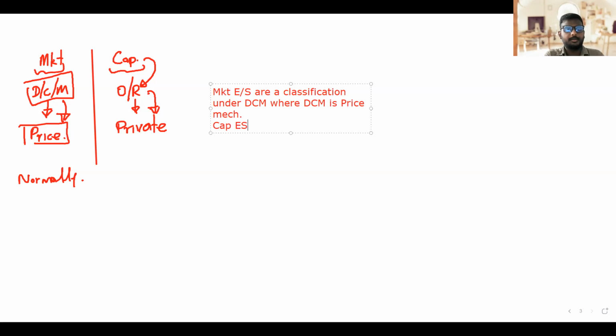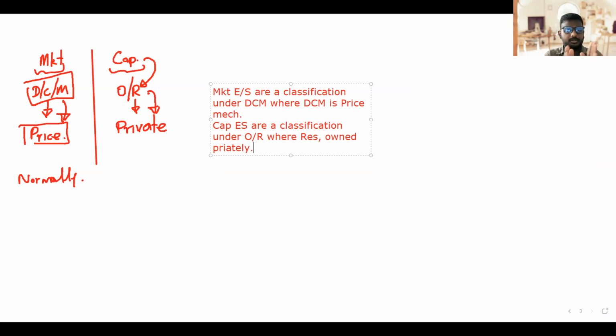Capitalist economic systems are a classification under ownership of resources, where resources are owned privately. This is the basic answer you'll have to give.